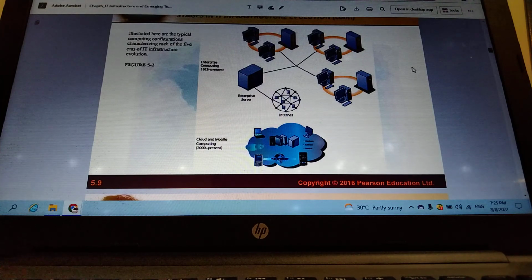And cloud and mobile computing, as you are all aware, is getting very smart and quite complicated, where you can see not only desktops and servers, but many other devices are also part of the network.